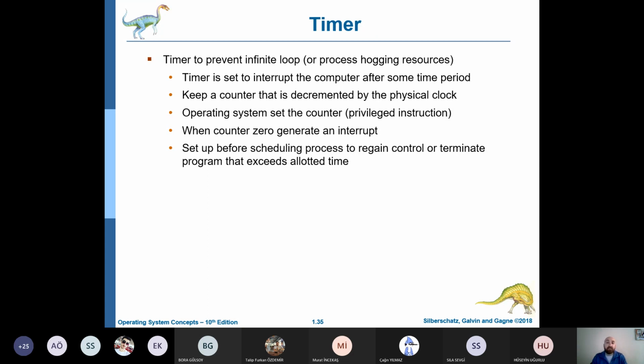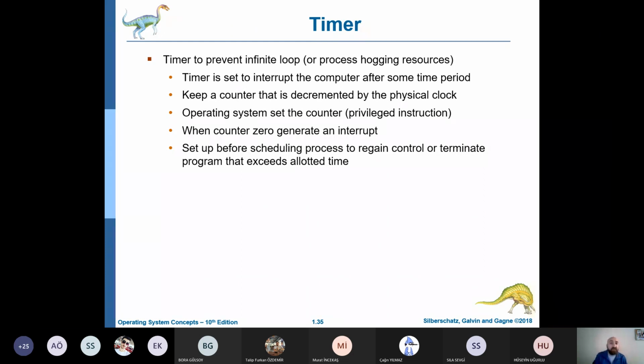We must ensure that the operating system maintains control over the CPU. We cannot allow a user program to get stuck in an infinite loop or to fail to call system services and never return control to the operating system. To accomplish this goal, we can use a timer.